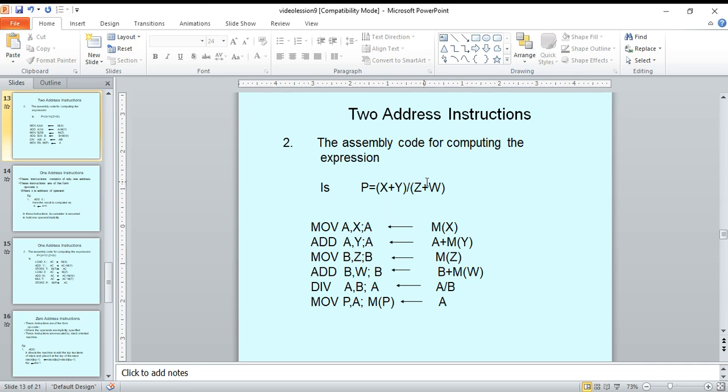In the same way we can perform the addition of these two also. Initially this Z value is moved to a register.